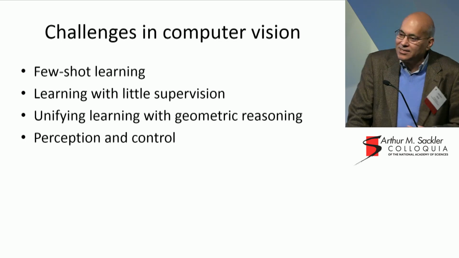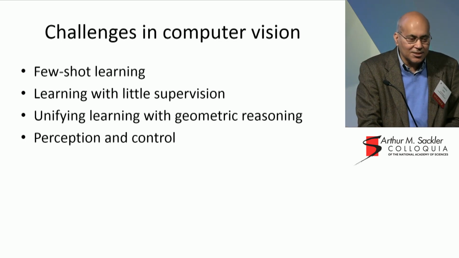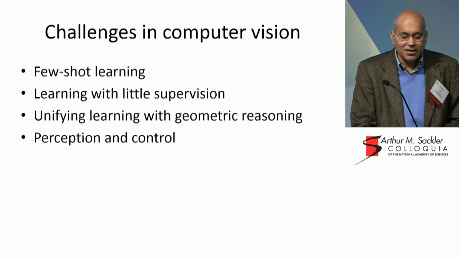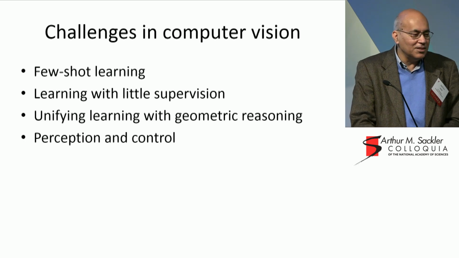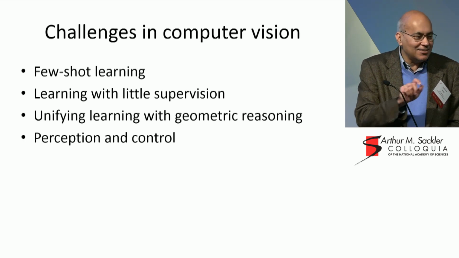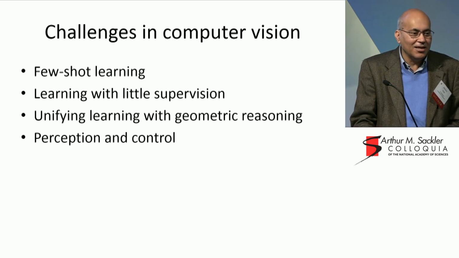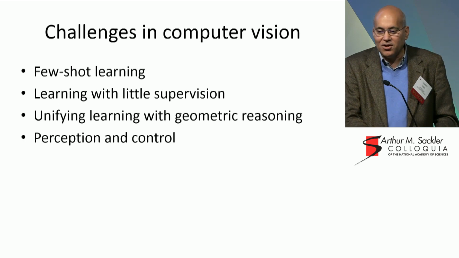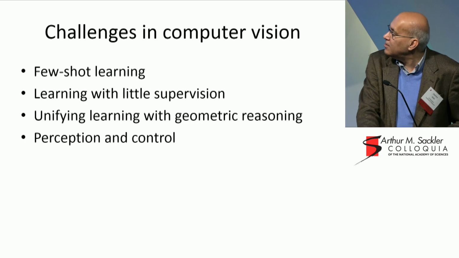Second remark is that learning with little supervision, what we have is not just the success of big computing and big data, but actually big annotation. Those thousands of people sitting in cubicles all around the world, typing in cat, dog, chair, etc. And if you think about how children learn, clearly they do not need that extensive supervision.